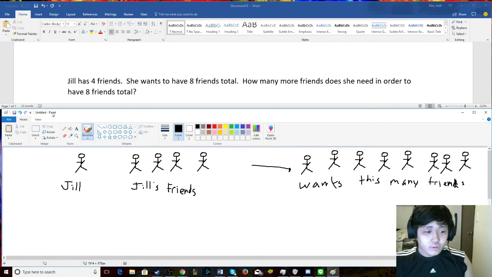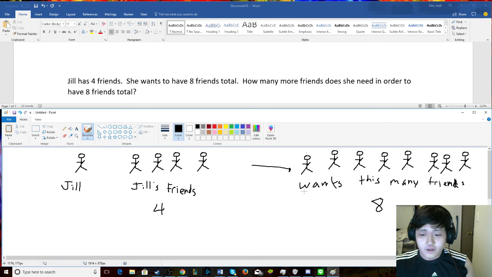Well, one way we can do this problem is we can count how many friends she wants. So we can count that she wants to have 8, so that's 1, 2, 3, 4, 5, 6, 7, 8, and then we count how many she has. What we do is we take the words and make them into a math problem that we can recognize. So we take the number of friends she wants total, and that's 8, and we see that she already has 4.